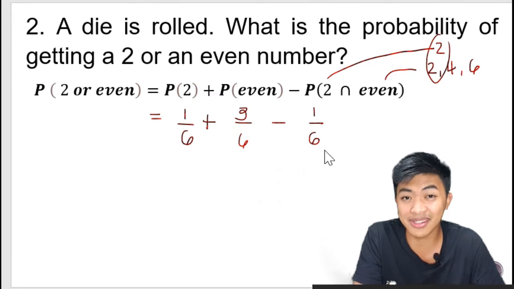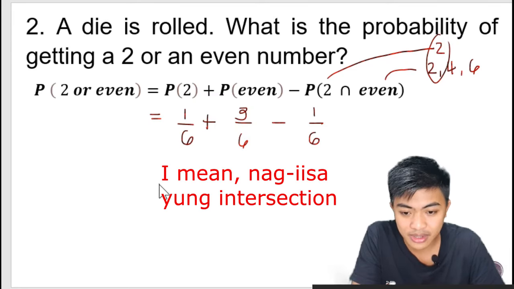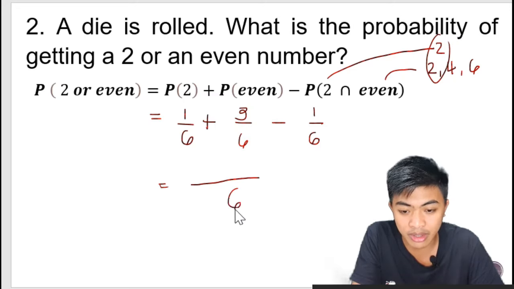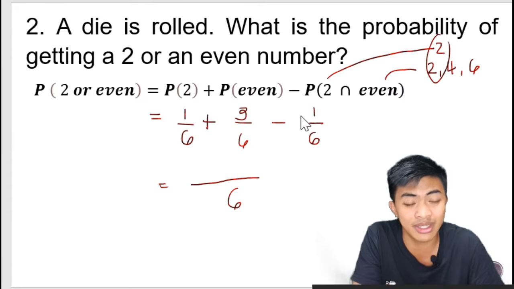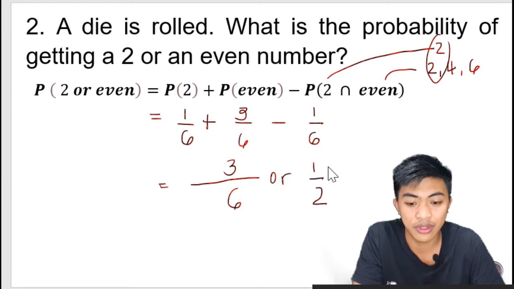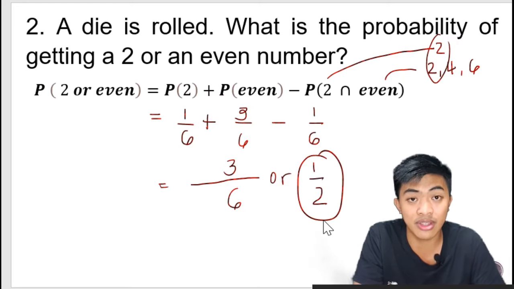There is only one 2, right? Then we copy the common denominator and add the numerators. 1 plus 3 is 4. 4 minus 1 is 3. And so that is 3/6. We can simplify that to 1/2. So the final answer here is 1/2.